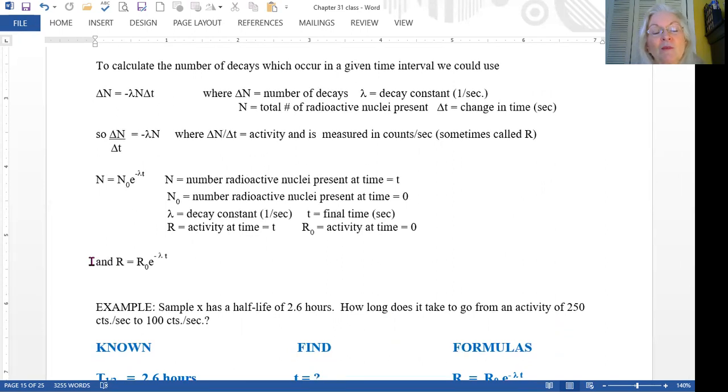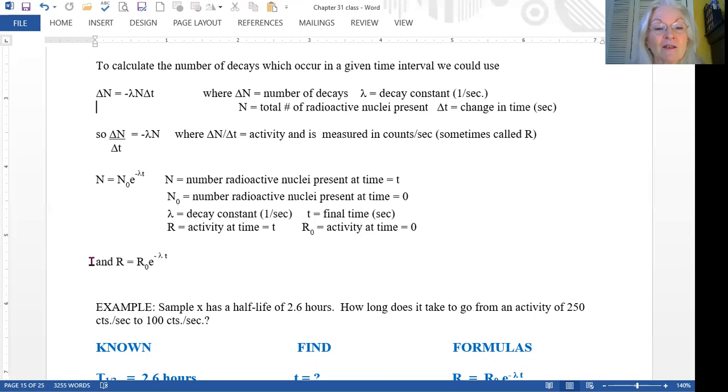Some people refer to this as the activity, and they'll use an A instead of an R. Some people look at the number of radioactive nuclei present and they'll have an N instead of an R. Some look at the mass that you have and you'll have an M instead of the R. But the form of the equation is the same because the number of radioactive nuclei is proportional to the mass.